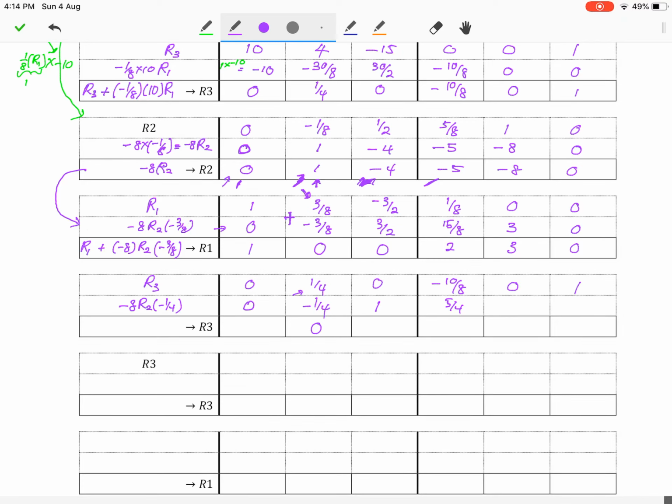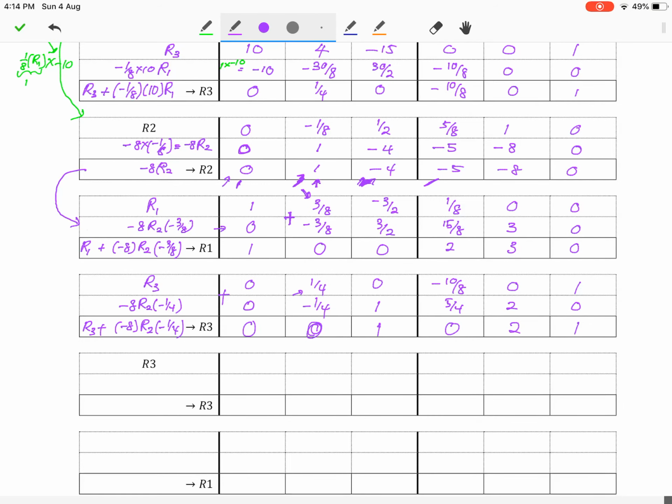And 2 and 0. So R3 plus negative 8 R2 times negative 1 over 4, now you add this together. So you get 0 here again, 1, and this one, 2, 10, you get 0, and 2 and 1.